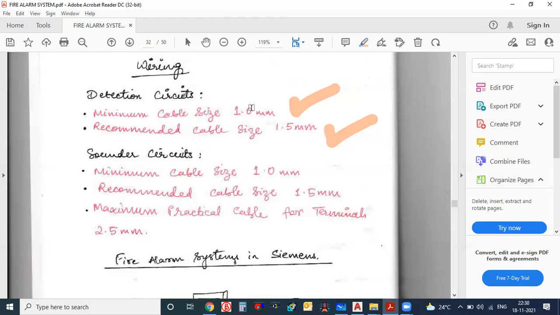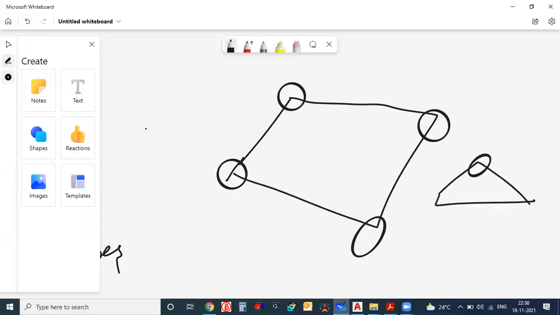Actually, see, this 1 square mm and 1.5 square mm is the very basic cable sizing. Just understand that this is the very first size, the starting size, one core 1.5 mm.